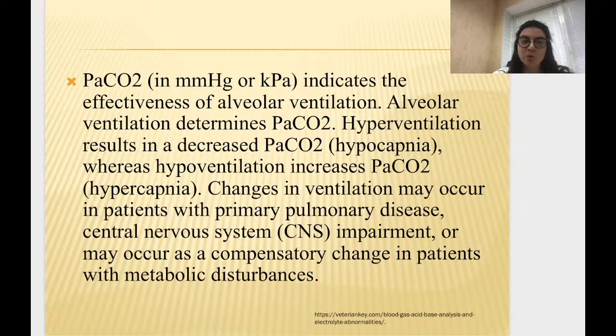We name it hypocapnia, whereas hypoventilation increases pressure of carbon dioxide, and we name it hypercapnia. Changes in ventilation may occur in patients with primary pulmonary disease, central nervous system impairment, or may occur as a compensatory change in patients with metabolic disturbances.